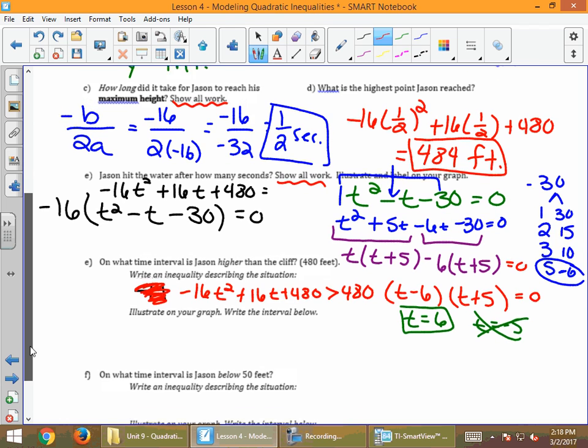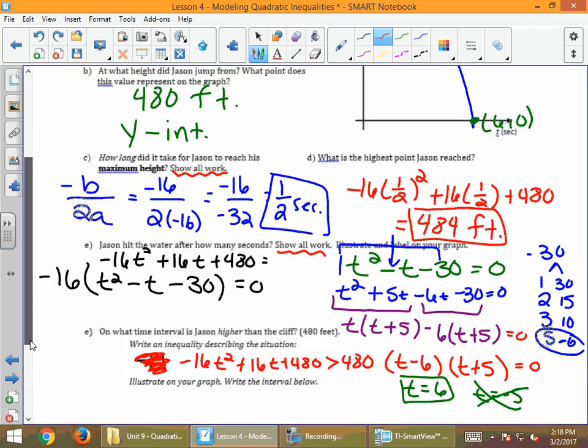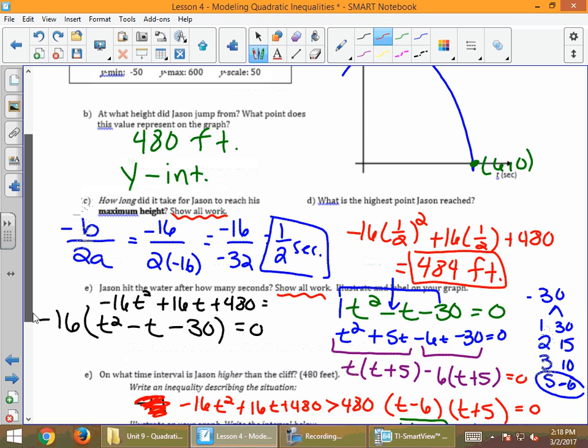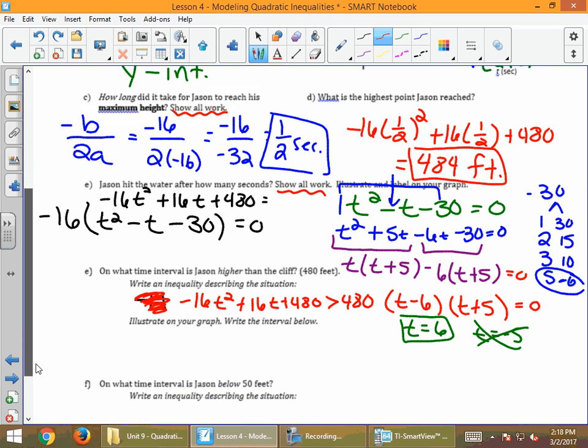So we already illustrated on our graph. We went to 480 and drew our line, and we want to write the interval. If it's higher than 480, are we looking above or below? Above. So we're looking above that line. Then you notice, is that graph connected or separate? Connected. So we know our inequality is going to be connected.